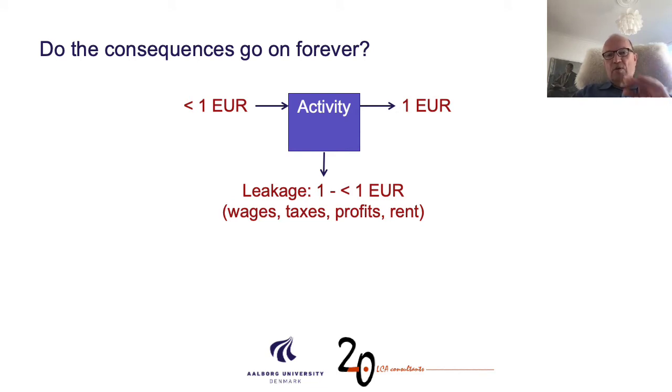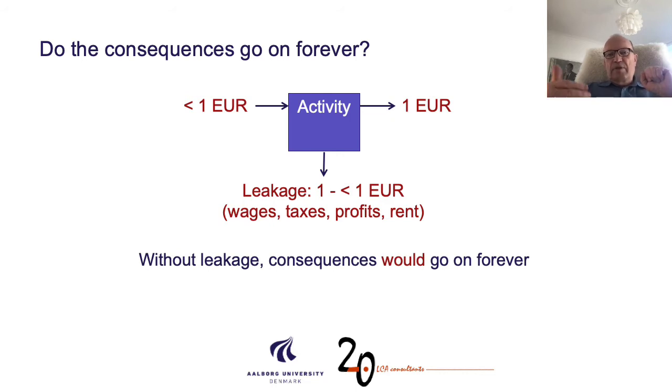That means that all the euro will eventually leak out as wages, taxes, profits, and rents. Without this leakage, consequences would go on forever, because the euro could then be spent again and again and again. But because of the leakage, consequences are fixed, or you could say consequences are not going on forever.